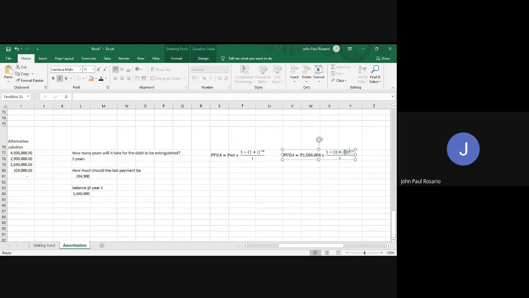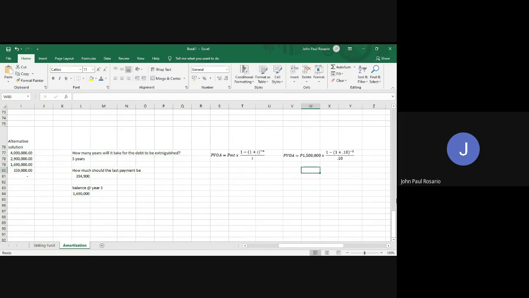Our n, we don't know that, and then 0.10. Let's try, for example, 3. What is your PVOA if it's only 3 periods? Then 1.5. PVOA, how much is it if 3? That's 1,500.